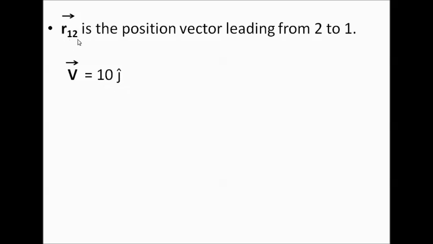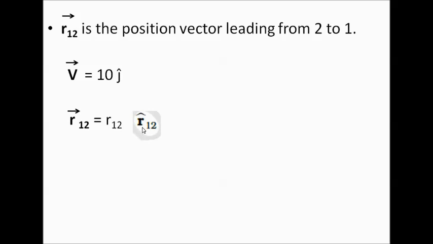So vector R12 also we can represent like this. Vector R12 is equal to magnitude of R12 and the direction. For representing the direction of a position vector, we are using unit vectors. Okay. So, you learned about unit vectors in class 11.